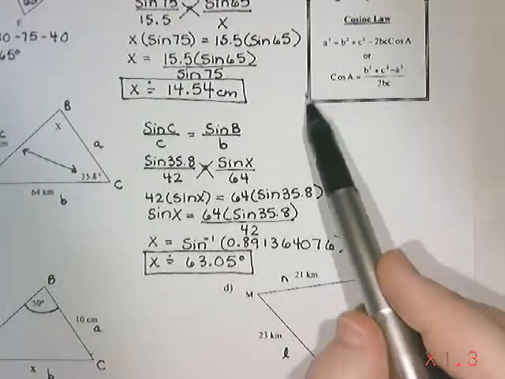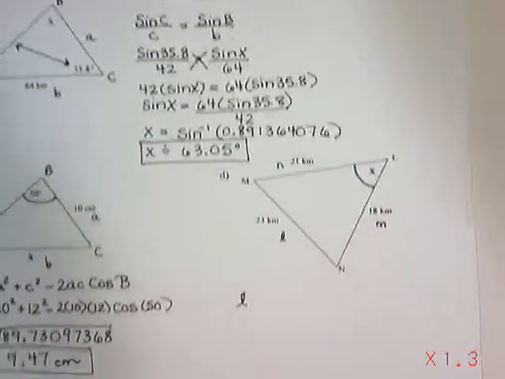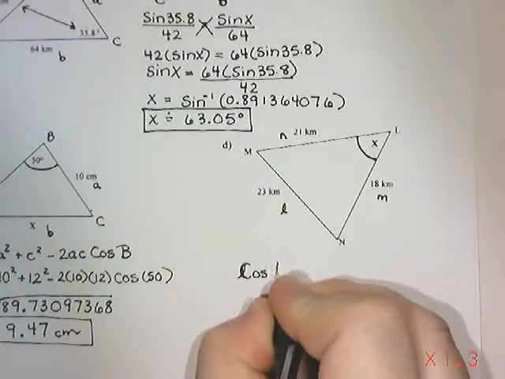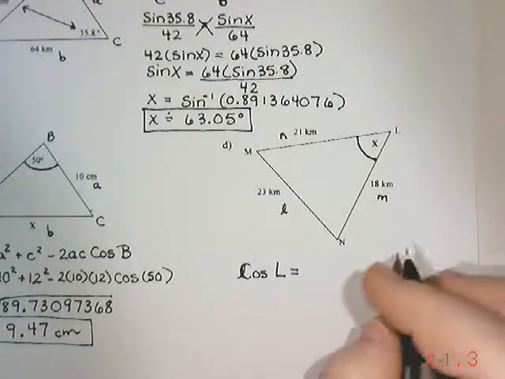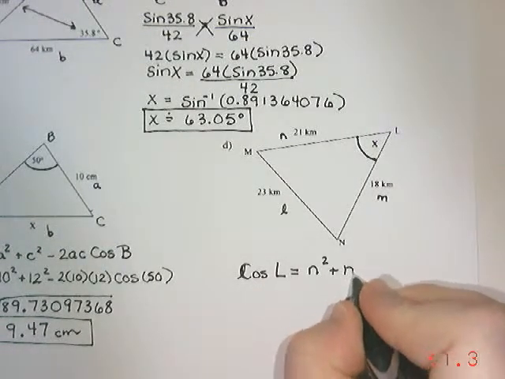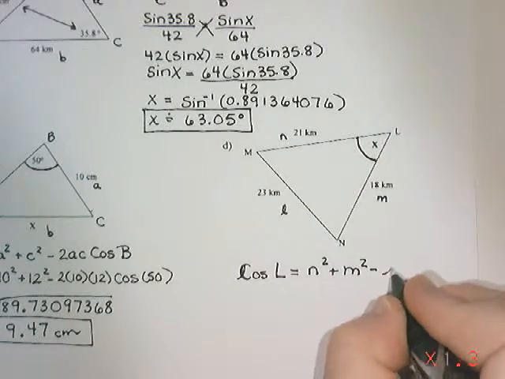So I think I'm actually going to try that formula. So I'm going to turn my little l into a cos here. So cosine of angle L is the other side. So n squared plus m squared minus l squared.